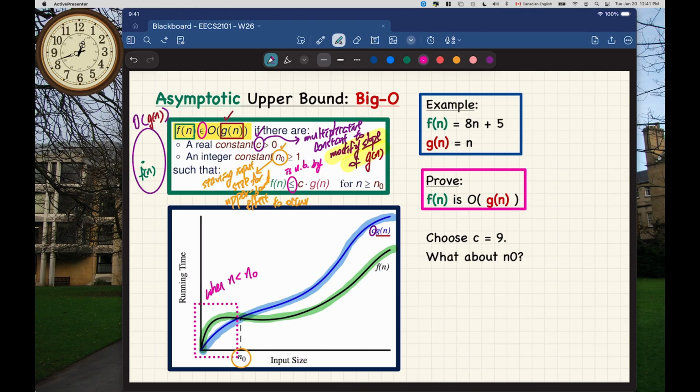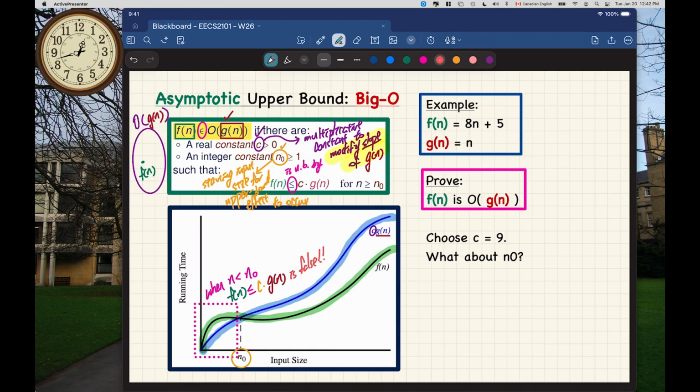In that case, f of n less than or equal to c times g of n is simply not the case, because this is not really less than or equal to that. It's false. So that means you cannot choose n0 to be any value less than that.